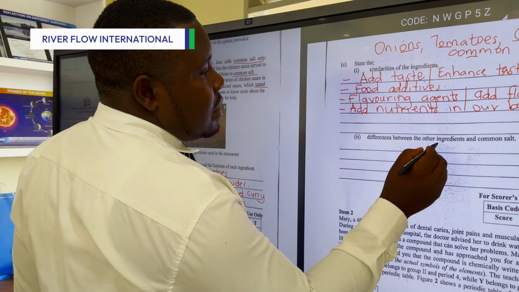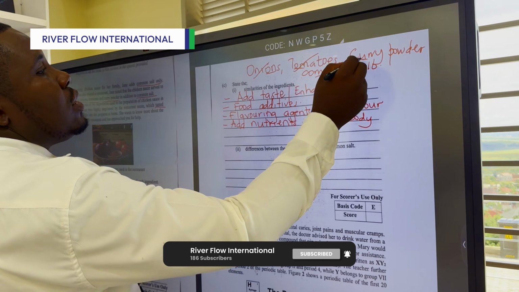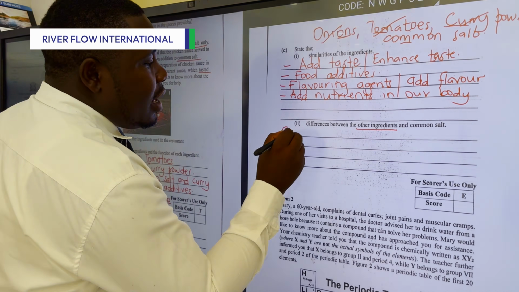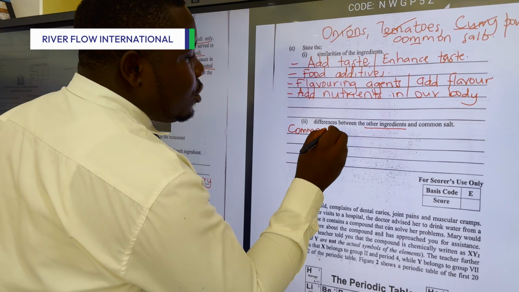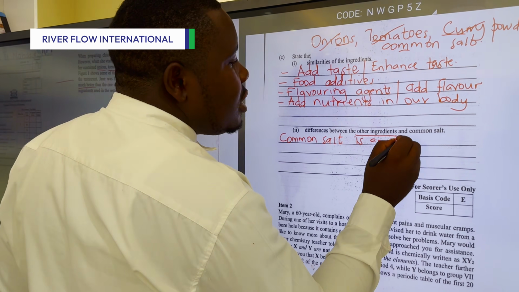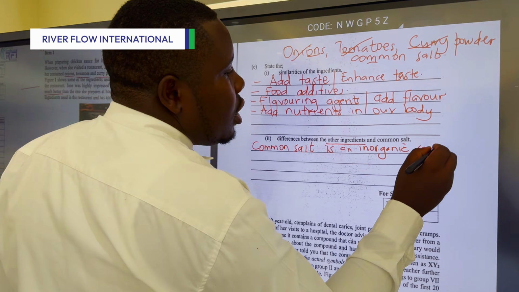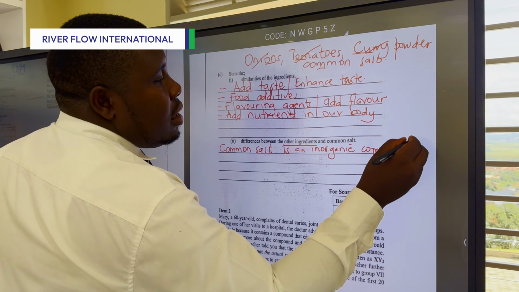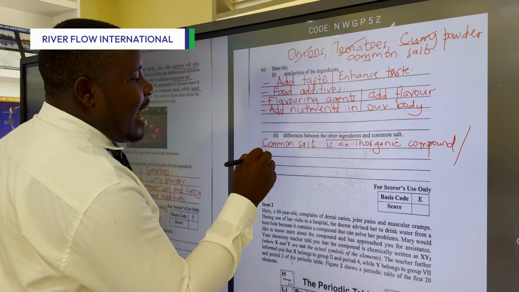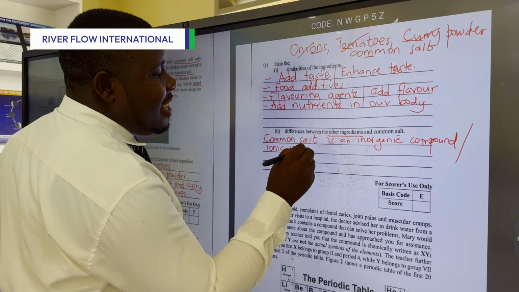Let's look at the differences between the other ingredients, that is onions, tomatoes, and curry powder, and common salt. Number one, common salt is an inorganic compound. If you want to make it better, you can say an ionic inorganic compound.